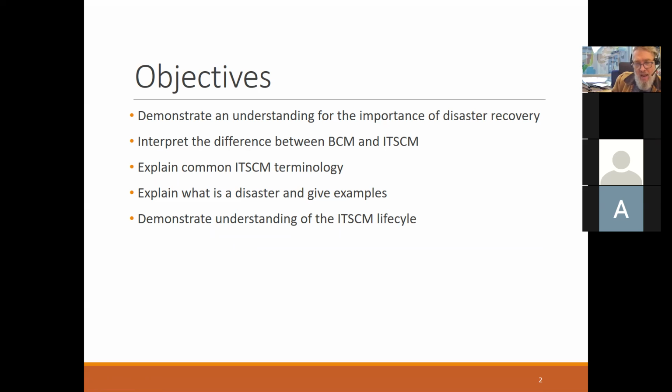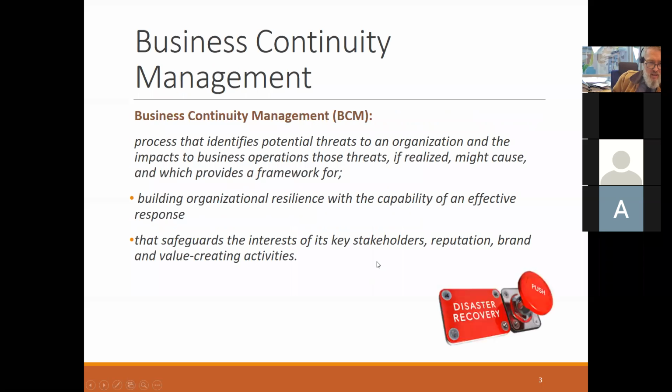And then the IT department is going to look at how they support that and what they need to do to make sure that the business stays viable. And so those two ways of looking at things come up with two different plans, I guess you could say: a plan for business continuity management and a plan for information technology service continuity management.